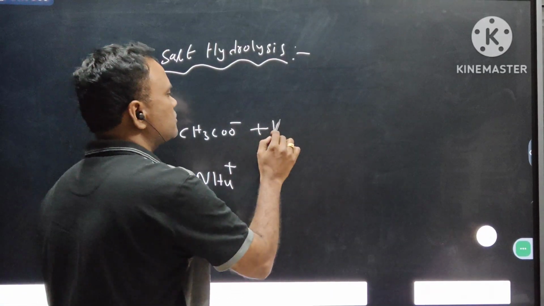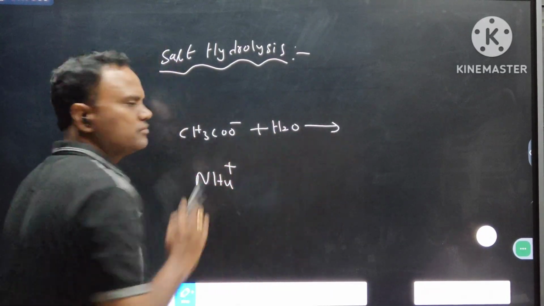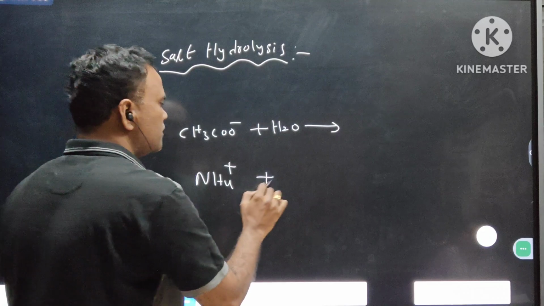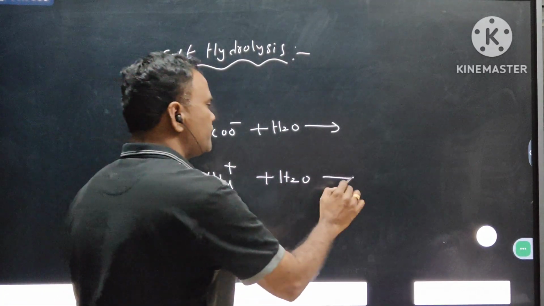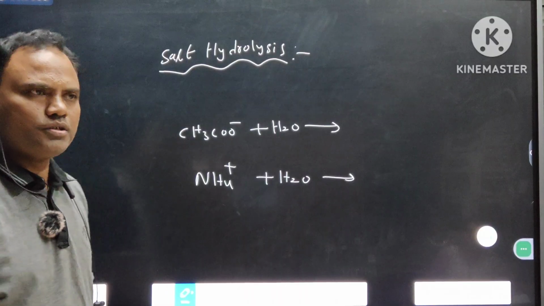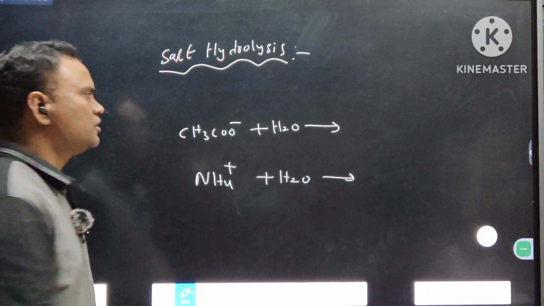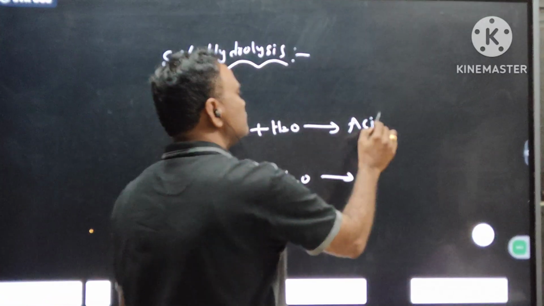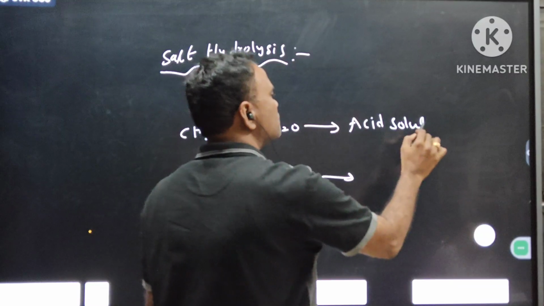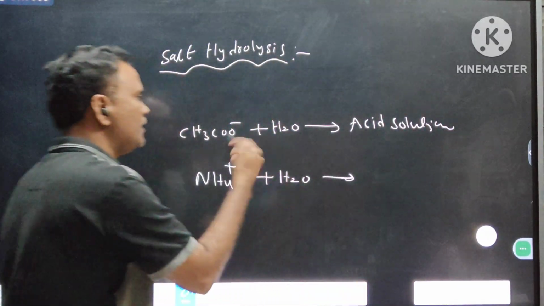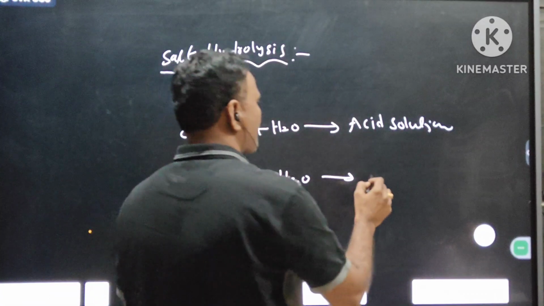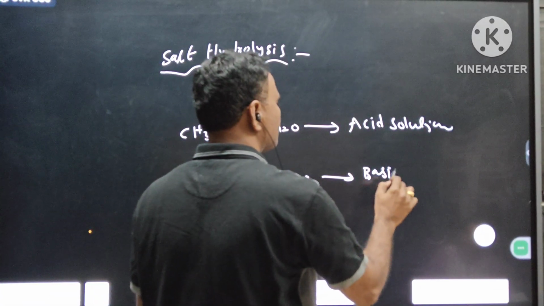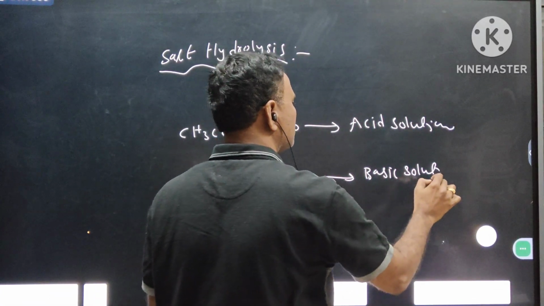Addition of water to the anion or to the cation of a salt gives an acidic solution or a basic solution. Here you will get an acidic solution. When you add water to the negative ion, you will get an acidic solution. Basic solution.